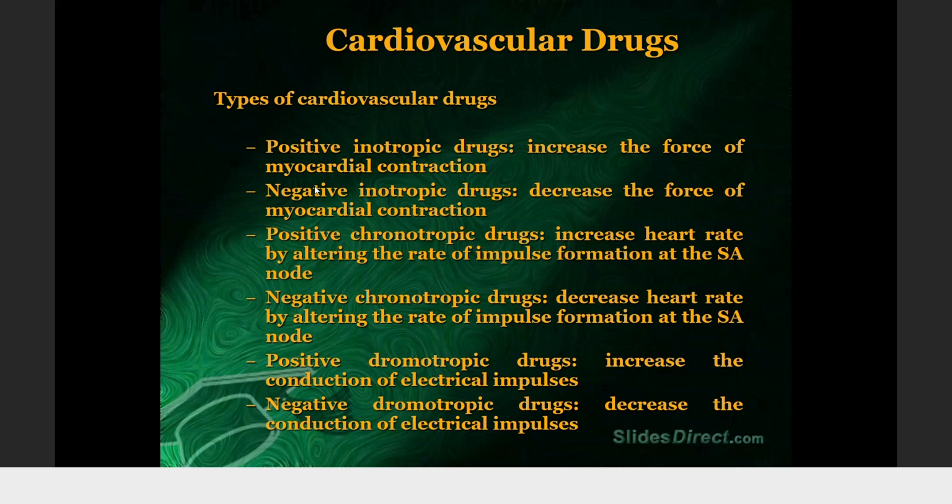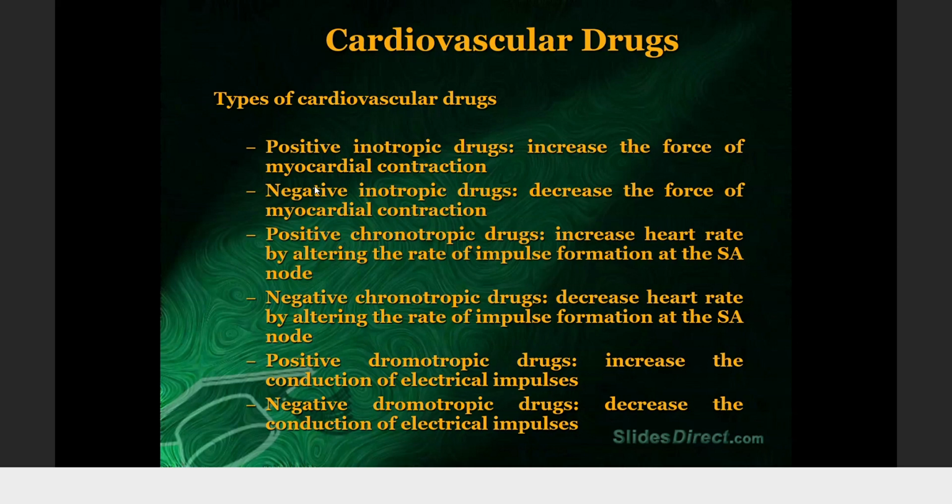Okay, so do you have the start of cardiovascular drugs? Again, it's divided by the effects these drugs have on the heart. We have drugs that act on the contractions of the muscles, drugs that act on the impulse of the sinoatrial node, and the induction of the electrical impulses.